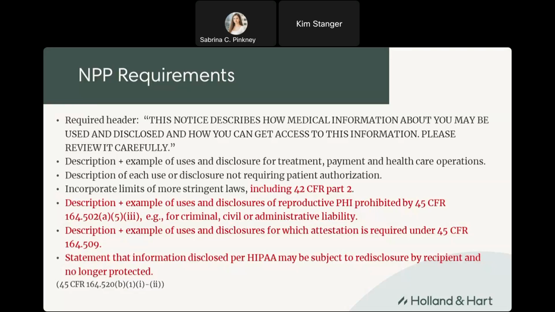So you advise your clients that, hey, we can't disclose your information for criminal, civil, or administrative liability or investigations, therefore, if the reproductive health care was legal. You've got to provide a description and an example of uses and disclosures for which the attestation is required.